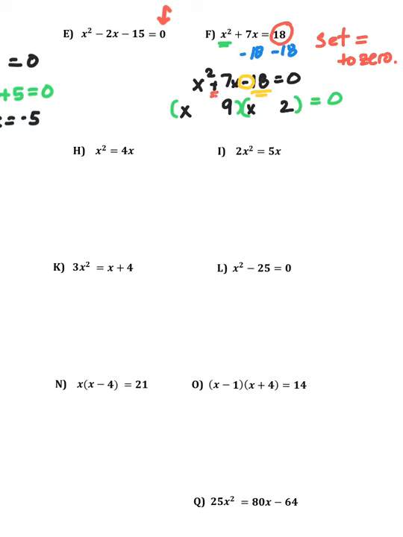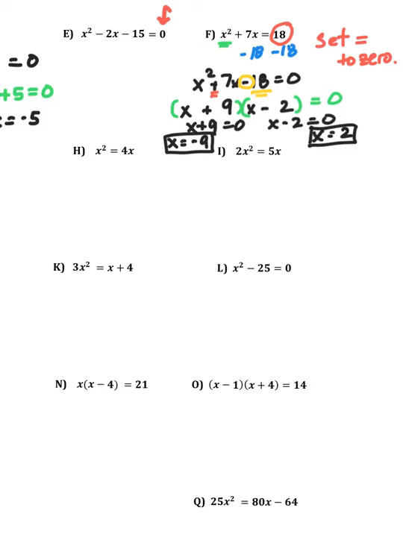What are my signs going to be? A +9 and a -2. And we're ready to solve. x plus 9 equals 0, or x minus 2 equals 0. My two answers here should be x equals -9 and x equals +2.